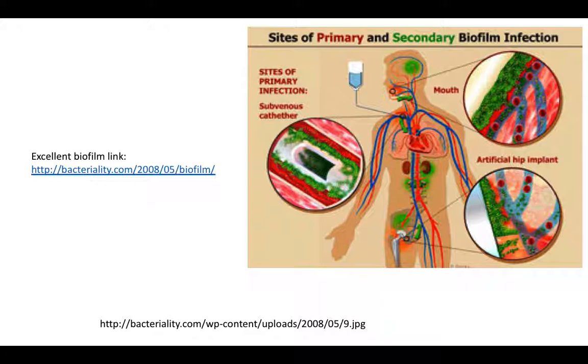Our phagocytic cells can't reach the bacteria, cannot attach to the bacteria in the biofilm, so our phagocytes can't kill them. Often the bacteria in the lower layers of the biofilm are in what's called a stationary phase of growth, and when they're in this kind of resting stage, they're naturally more resistant to antibiotics.